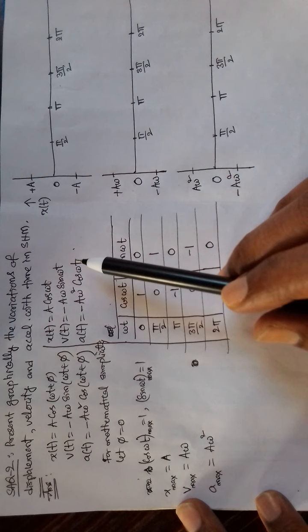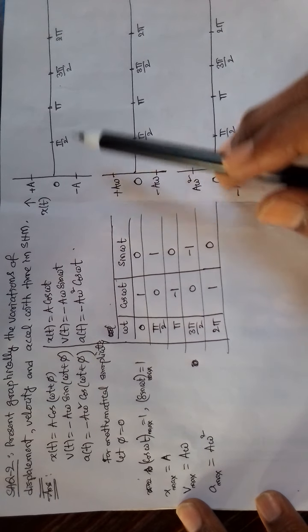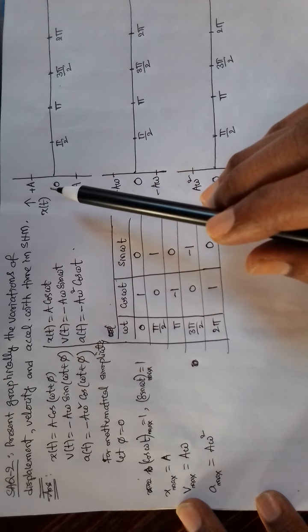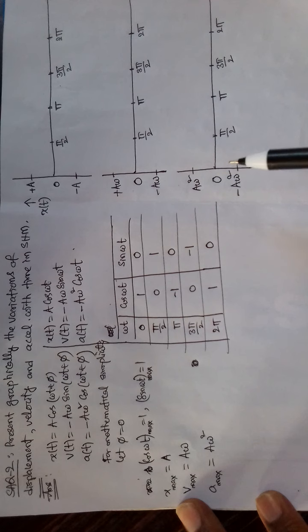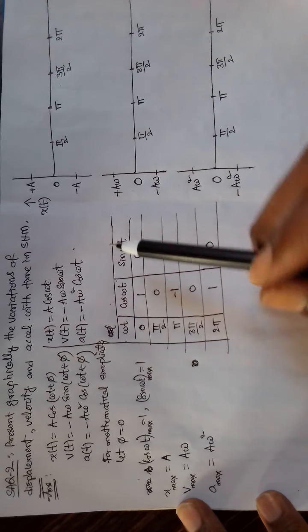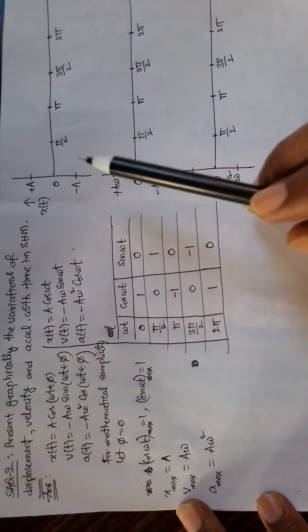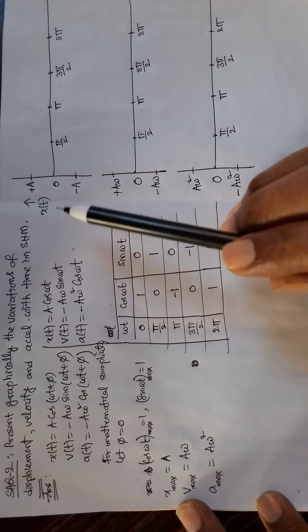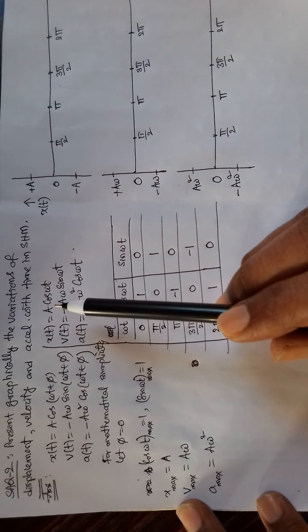Now, on the x-axis we are taking phase angle, and on the y-axis we are taking displacement, velocity and acceleration. First let us draw the graph for displacement, and the equation is x(t) is equal to a cos omega t.